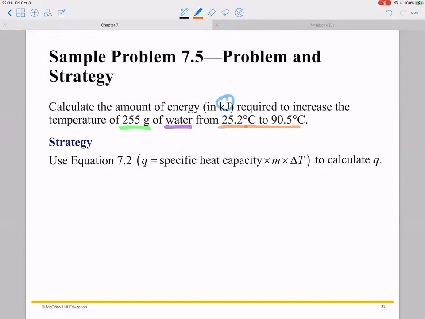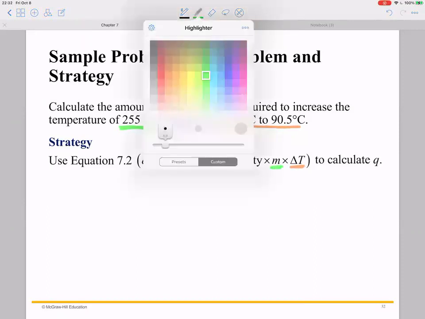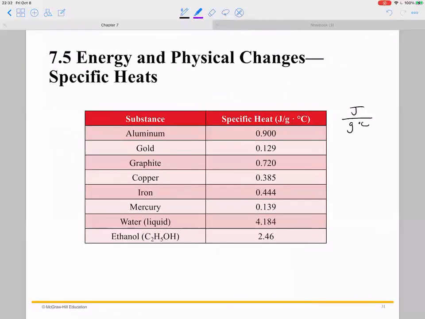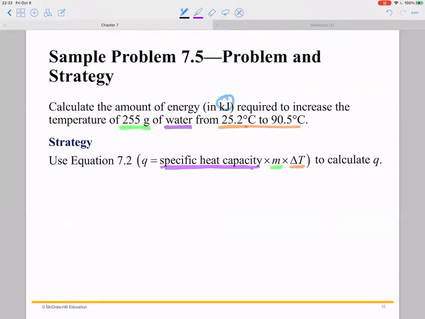Okay, so this orange term will give us our delta T. The mass is that 225 grams. And then the specific heat capacity is going to come from the fact that we're talking about water. So again, I'm going to go to my table here. I'm going to look up what the specific heat for water is, 4.184. So that's the value that I'm going to have to use in my equation.